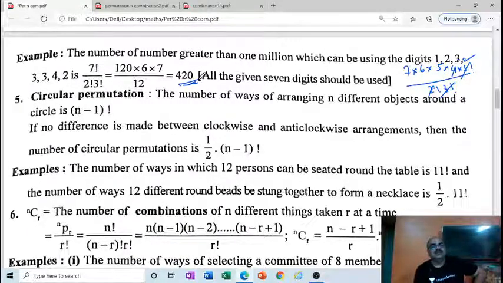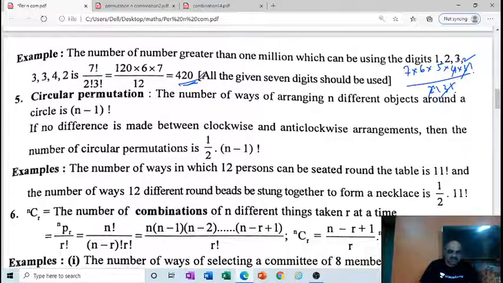And see, 3 is used thrice, 2 is used twice. That is why the formula is 7 factorial by 2 factorial into 3 factorial. So friends, how many did I say? nPr, nPn, n to the power r. Now n factorial by n1 factorial, n2 factorial, n3 factorial, and so on.